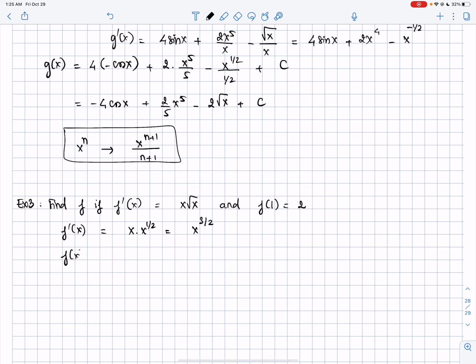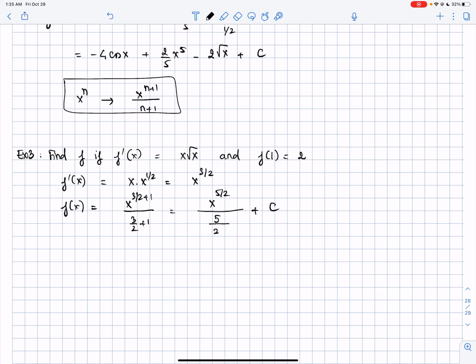So the function f of x will be x to the 3 over 2 plus 1 divided by 3 over 2 plus 1. 3 over 2 plus 1 is 5 over 2. We remember to add the c so that we find the most general formula for the antiderivative function. Then we simplify this. So we get 2 over 5 x to the exponent 5 over 2 plus c.